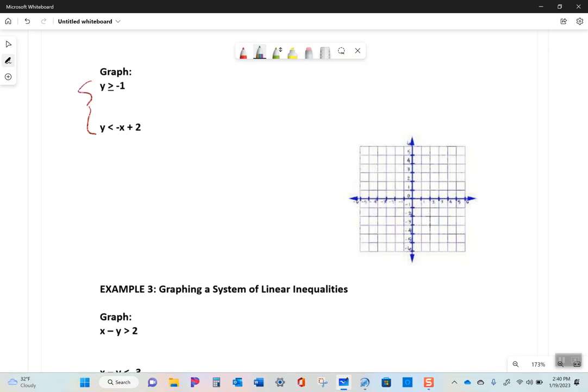Okay, so we talked about 2 different types of lines. We talked about what kind of line goes, I almost said east to west. Horizontal. Thank you. And then we talked about vertical form, right? So what form is y is greater than or equal to -1? Horizontal. Yes. Okay. So I'm going to write horizontal form.